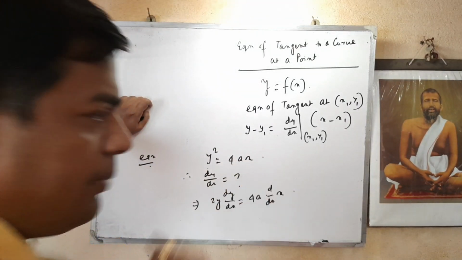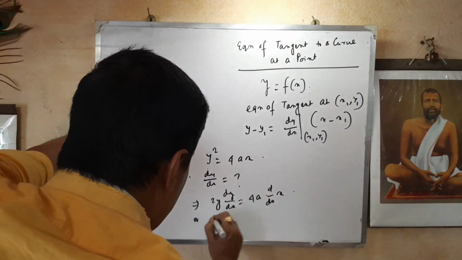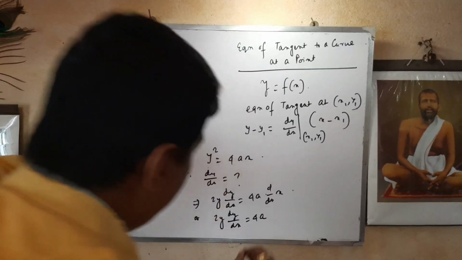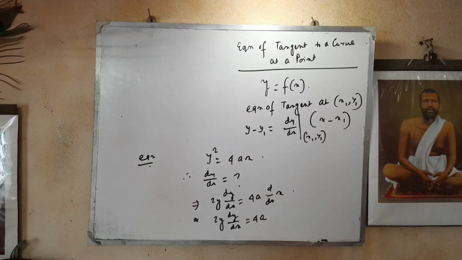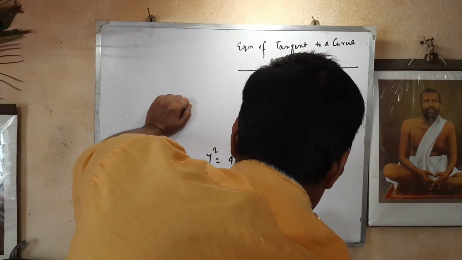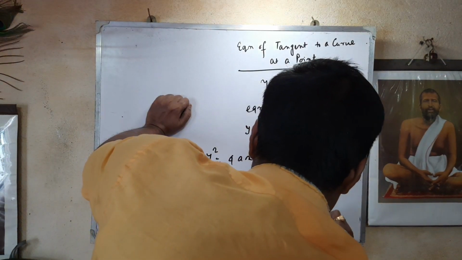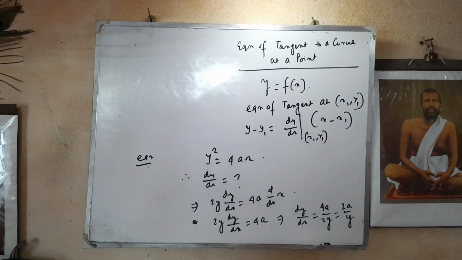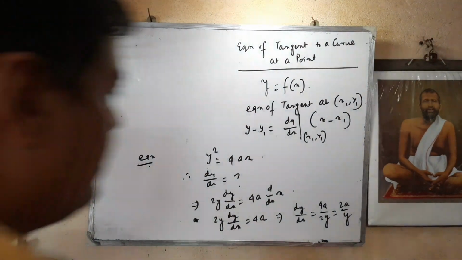Now, what is d/dx of x? It is 1, so 2y into dy/dx is 4a. Therefore, dy/dx is 4a by 2y, that is 2a by y. So the value of dy/dx is 2a by y.